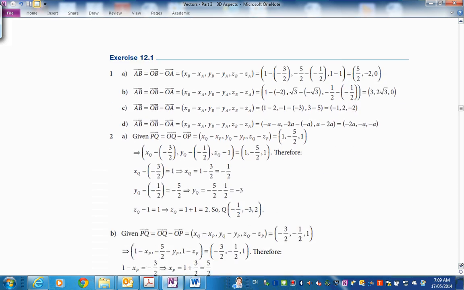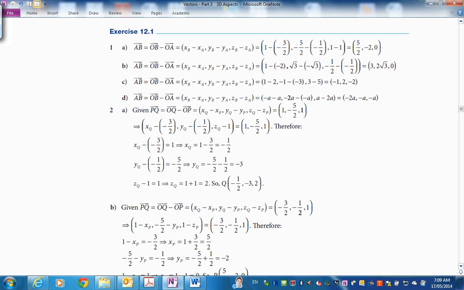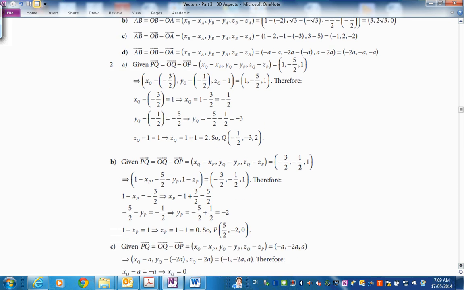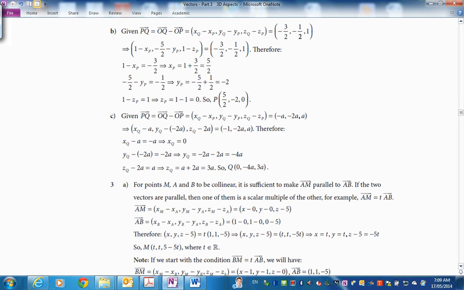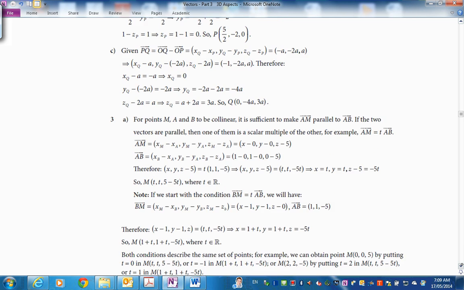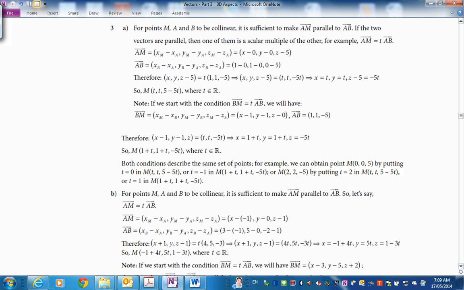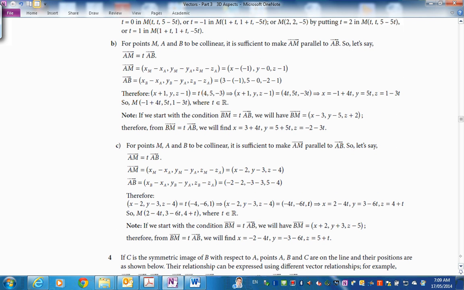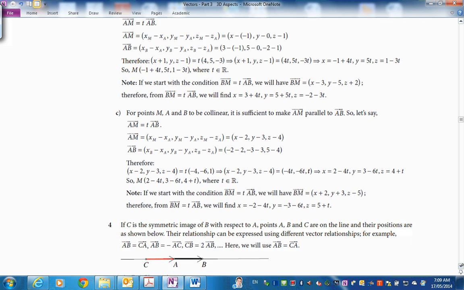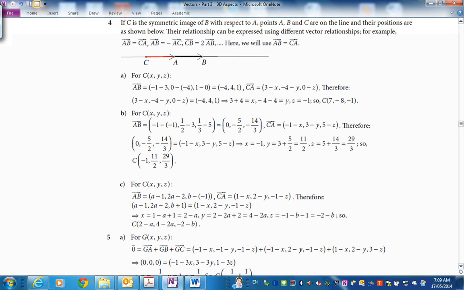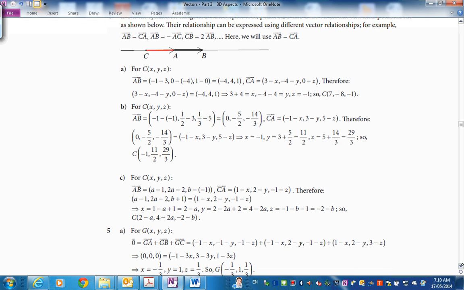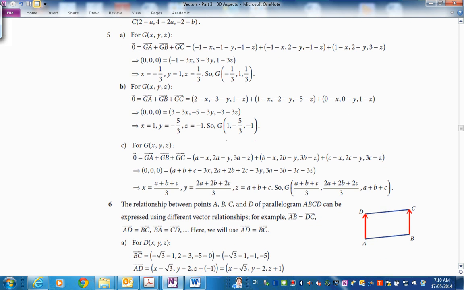Okay, 1 and part of 2. Just check your numbers there. The rest of 2, B and C. Don't forget, column vectors is explicitly mentioned in the course. Let's have a look at question 3. Rest of A there. Have a look at B and C. Question 4. And let's look at 5.